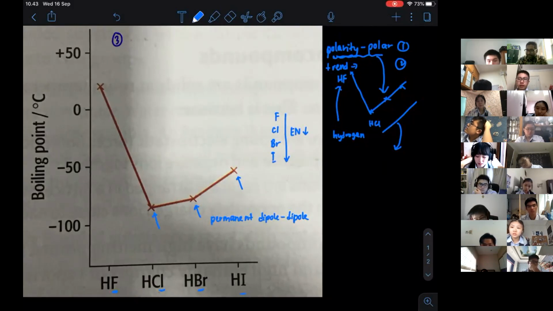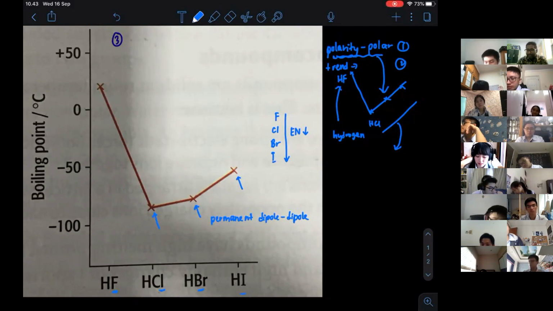Electronegativity is supposed to decrease going down the group. Why? I think you remember that even though the proton number is increasing, the distance and the shielding will outweigh the increase of the number of protons. So the nuclear attraction will not be that strong, and they won't have enough ability to pull the electrons.